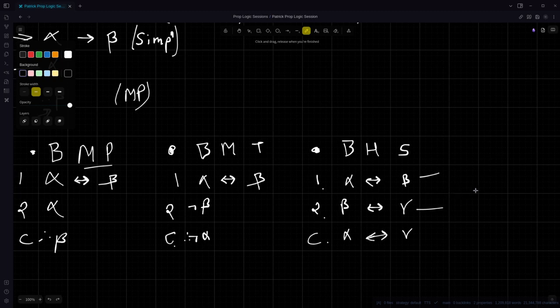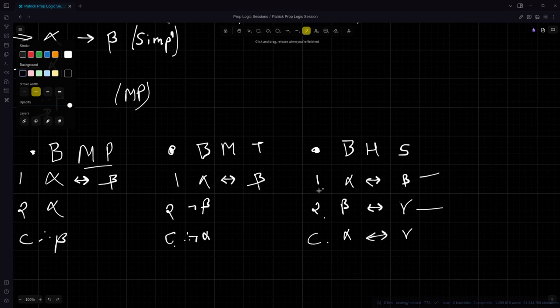So you can basically get enough information from these two premises to perform two regular hypothetical syllogisms, and then you can just conjoin the conclusions of the two hypothetical syllogisms to get the material equivalence of this, and from there you can work your way back to this. Yeah, I'm following that. Okay.